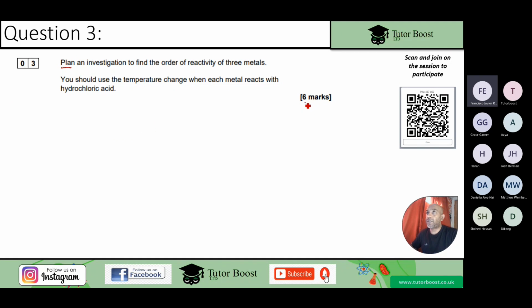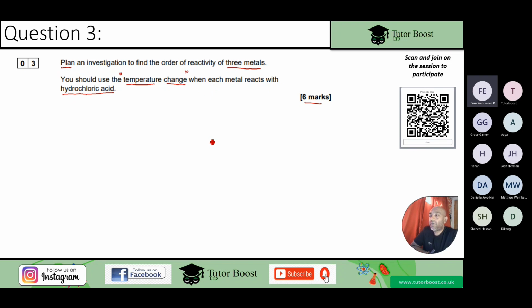Because it's a 6-mark question, make sure that you have written the answer in a nice logical manner using scientific understanding. You should use the temperature change when each metal reacts with hydrochloric acid. So you're reacting the metal with the hydrochloric acid, and you need to use temperature change as part of your investigation.